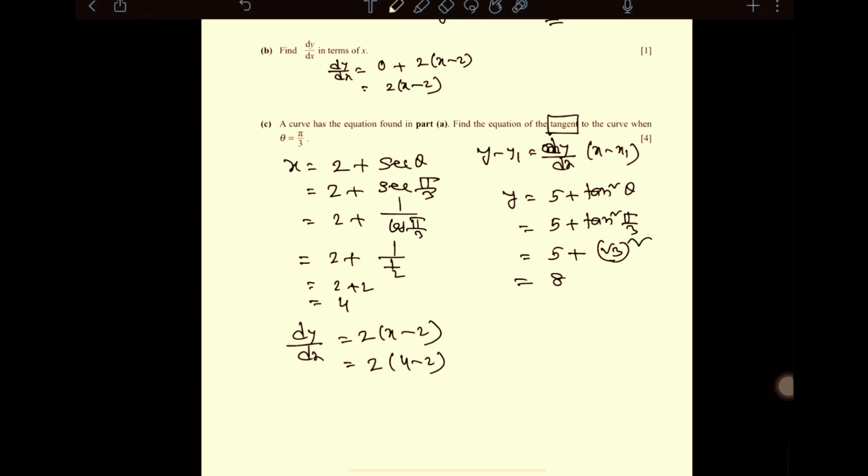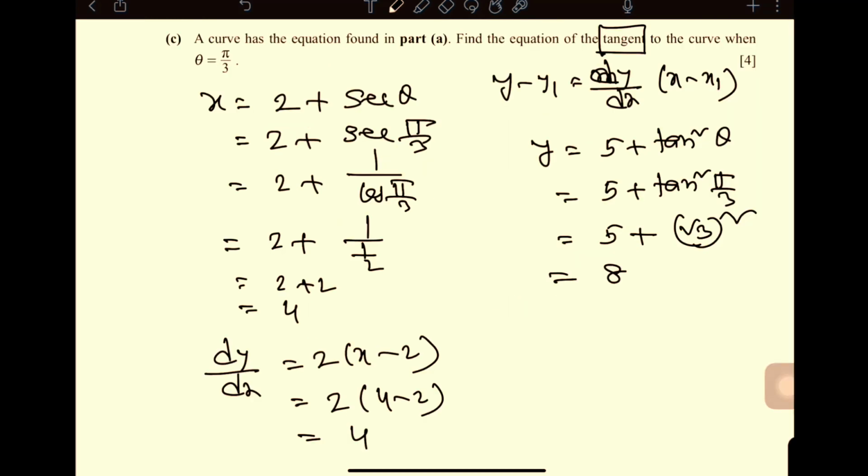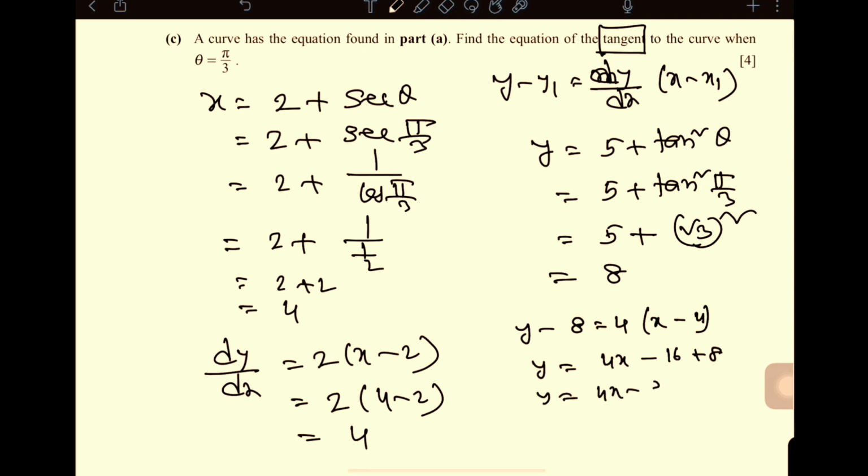So 4 minus 2, 2 times 2, so gradient is 4. The equation of tangent: y minus y1, here 8, gradient is 4, x minus 4. If we simplify this, y equals 4x minus 16 plus 8. So y equals 4x minus 8.